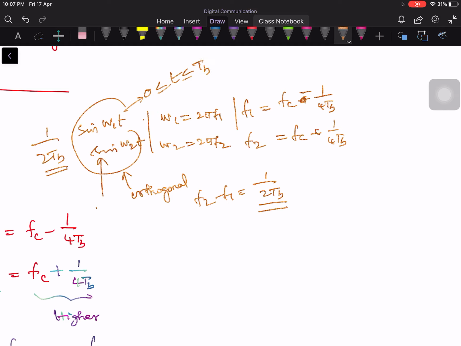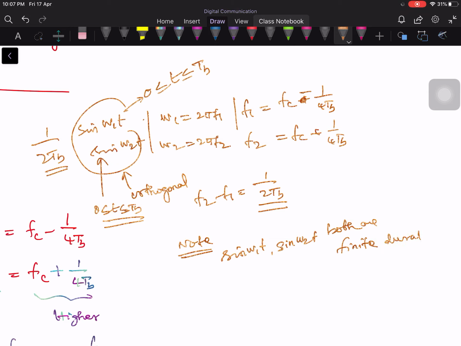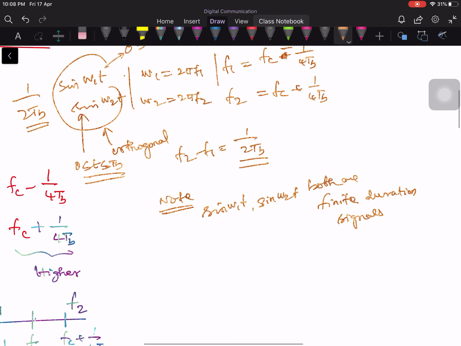The duration is 0 to TB. Note that sine omega 1t and sine omega 2t both are finite duration signals, meaning the signal duration is from 0 to TB. That's it.